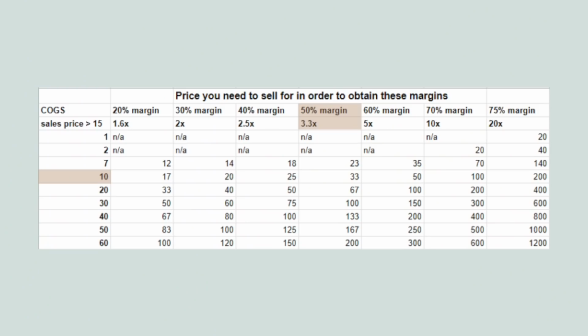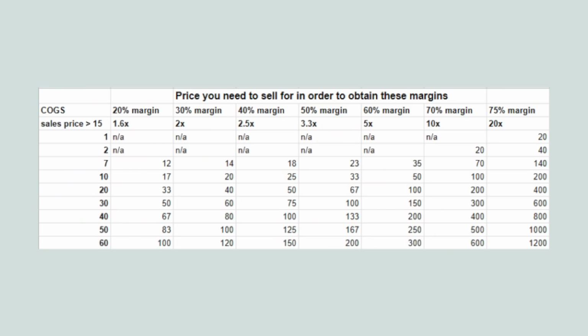So if I came across a nice pair of Gola sneakers that cost $10, multiply that by 3.3, and now I know that I have to sell those sneakers for $33 on Poshmark in order to achieve at least a 50% gross profit margin. It's really that simple, and I'm going to put it back on the screen real quick.